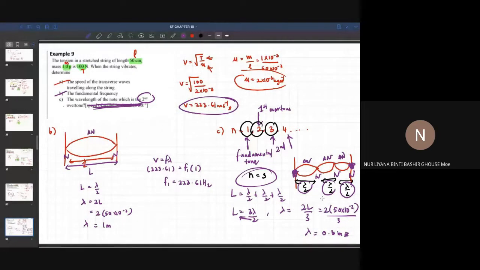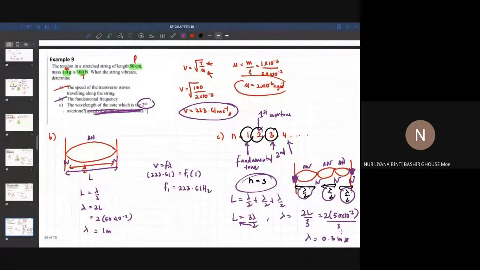L is the length of the string, 50 cm. So 2 times 50 cm divided by 3, we get lambda equals 0.3.